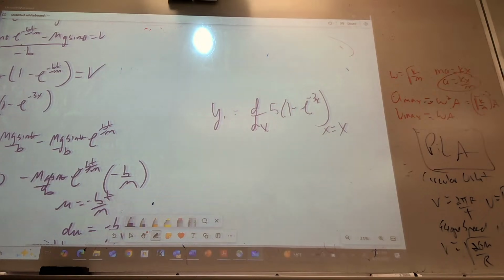This is what we're graphing. So you're going to go to your derivative function. You have to graph the derivative like this. We go math number 8. Math number 8, your derivative function.